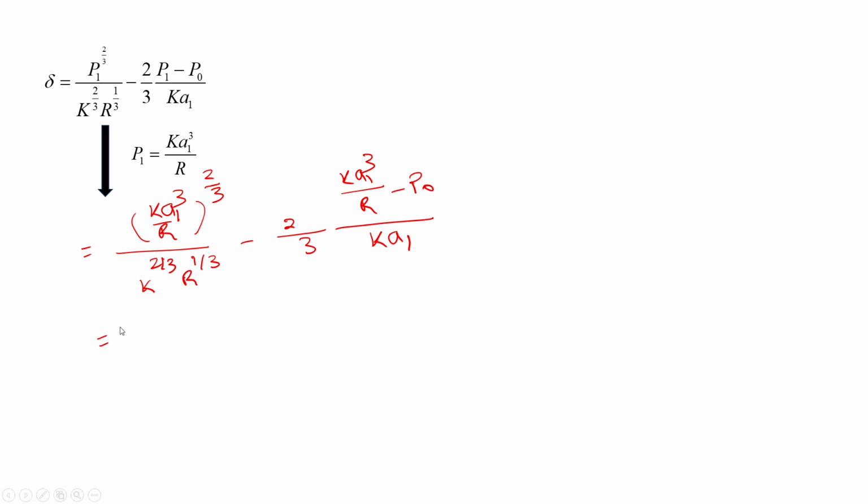K to the power 1 by 3 and K to the 2 by 3, so K gets cancelled. Here it is A1 square, and R to the power 1 by 3, 2 by 3, so it is R over here, and minus 2 by 3 and this K. Let us keep it like this: Ka1 cube by R minus P0 by Ka1.